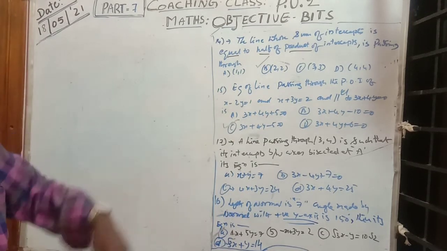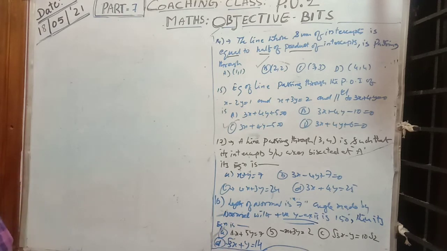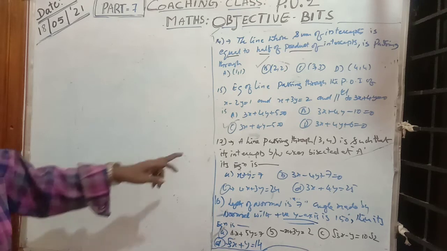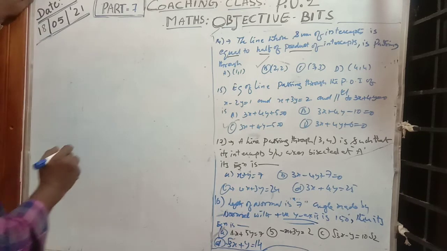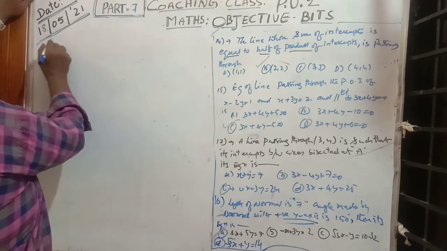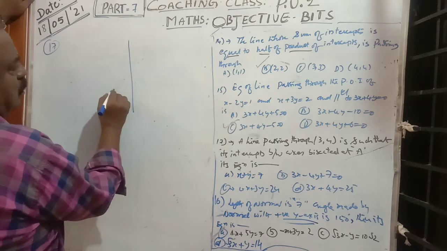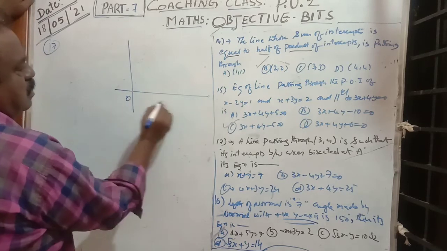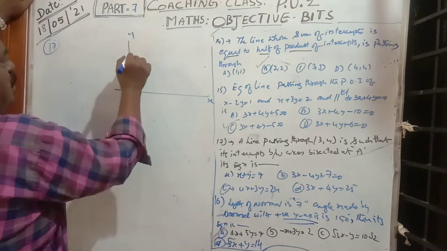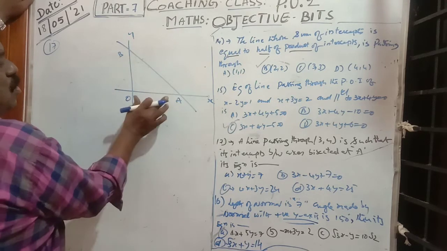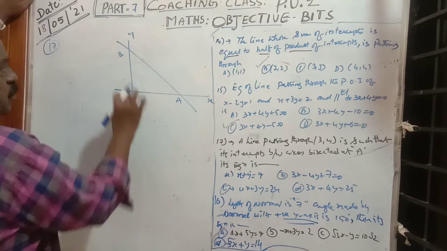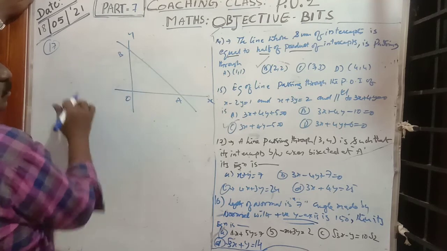Next, 17th: a line is passing through the point 3, 4 such that its intercept between the axes is bisected at A. Then its equation. Already we solved a problem like this, again I want to tell you. The origin is here, with the x-axis and y-axis. The line is cutting the x-axis at A and the y-axis at B. OA is the x-intercept, OB is the y-intercept.